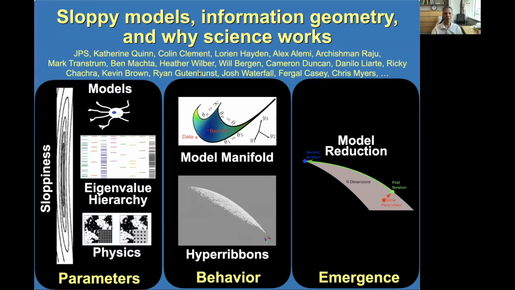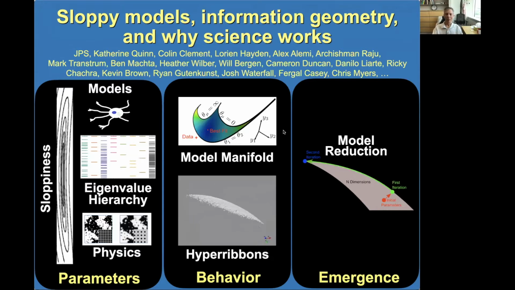And we're going to start out in a sort of historical way with the discovery of strange behavior that we find in physical models with many parameters. And then we'll go to a discussion of how differential geometry can tell you information about why these models can be predictive, even though they have so many parameters.